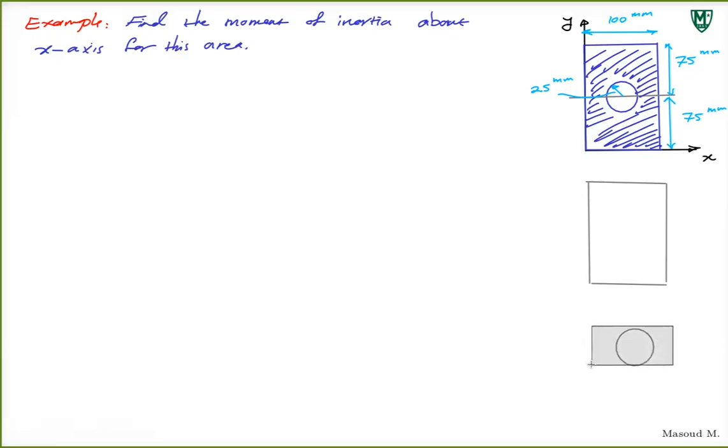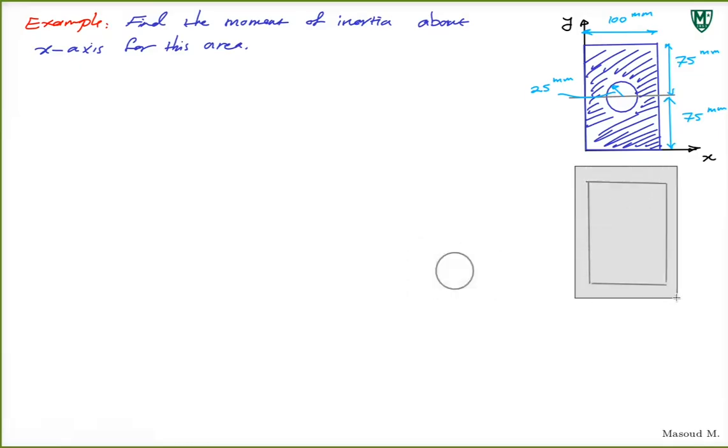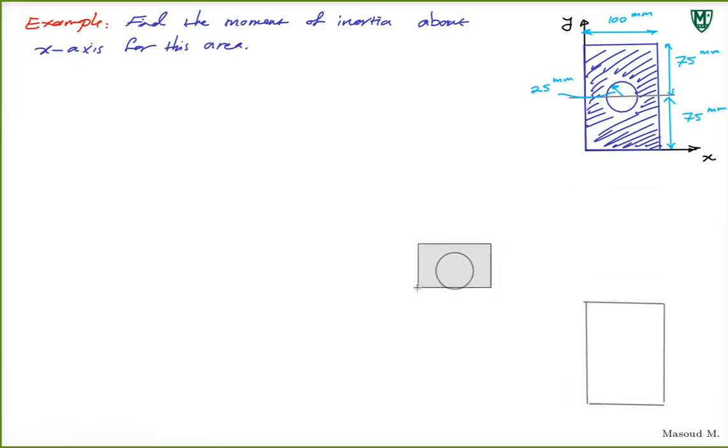Let me do it in a better way. Move things around. This would be a rectangle. This would be a circle. So later on, when you look at it, this minus this is equal to this. Right, let me put the axes.